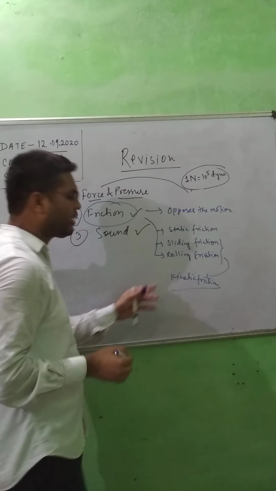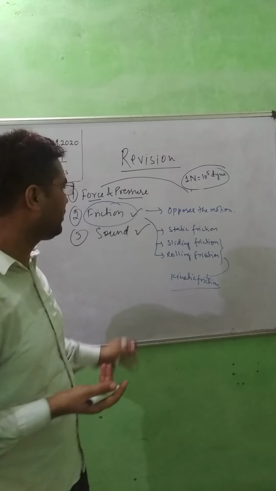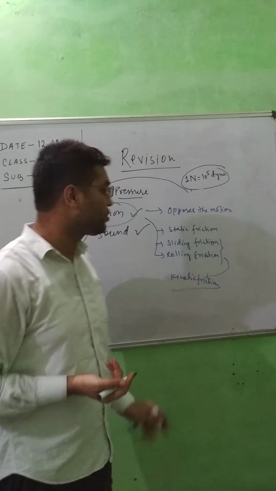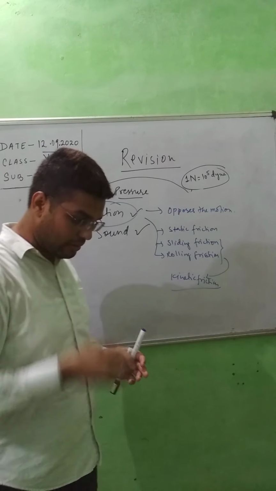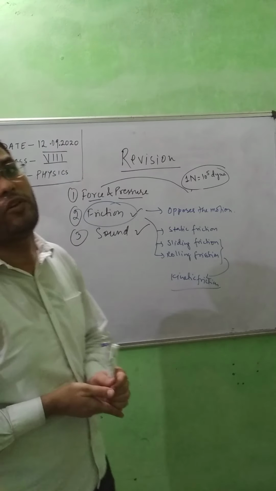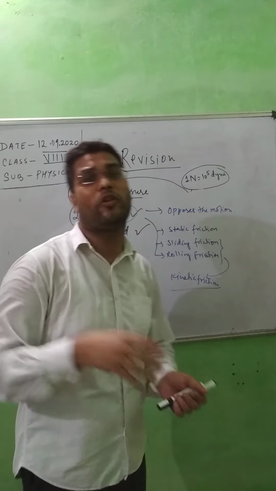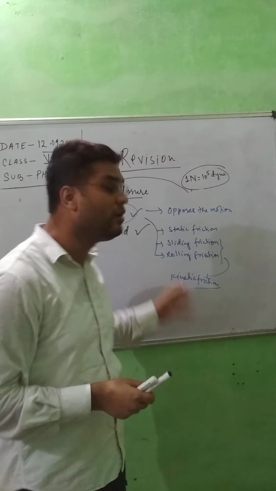You will study kinetic friction in higher classes, where friction is divided into static friction, limiting friction, and kinetic friction. Static friction acts when an object is at rest; sliding friction when one object slides over the surface of another object; rolling friction when one object rolls over the surface of another object.